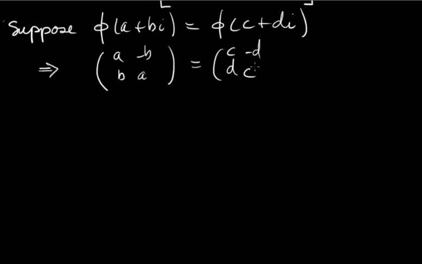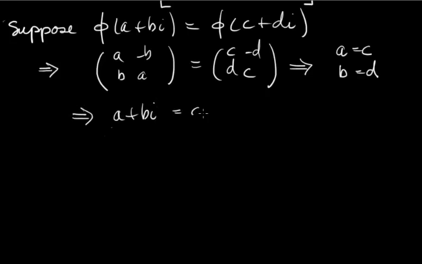And we know that two matrices are equal if and only if all their entries are identical. So this implies that a equals c and b is equal to d, which certainly gives us a plus bi is equal to c plus di, and we conclude that phi is one-to-one.